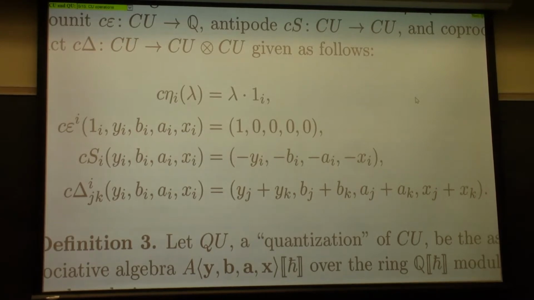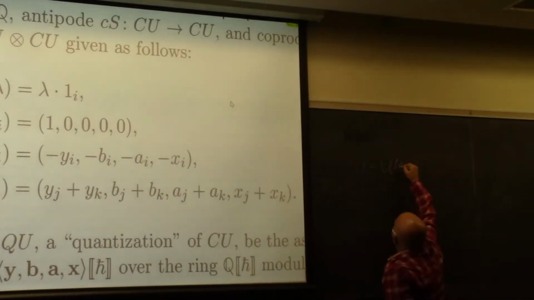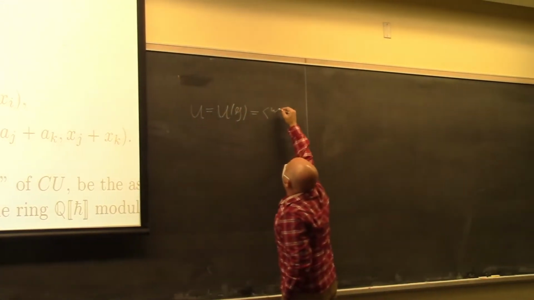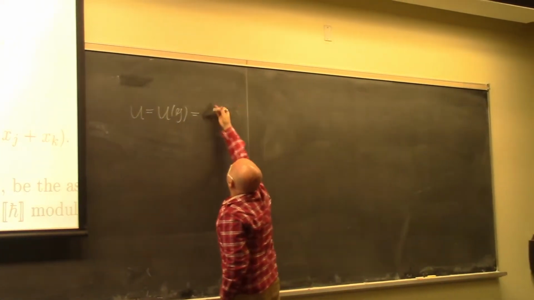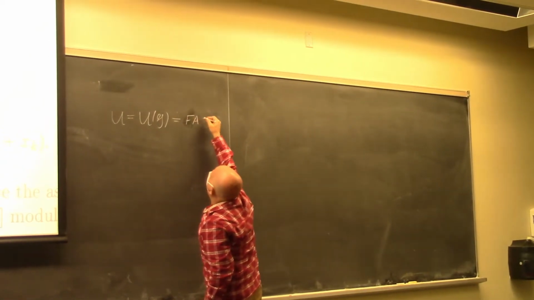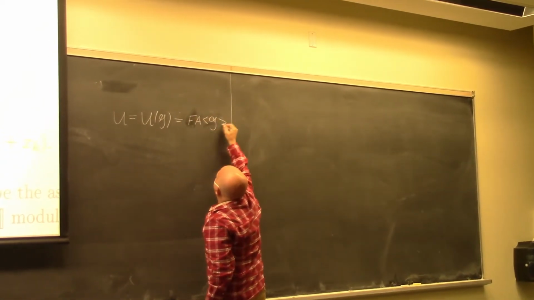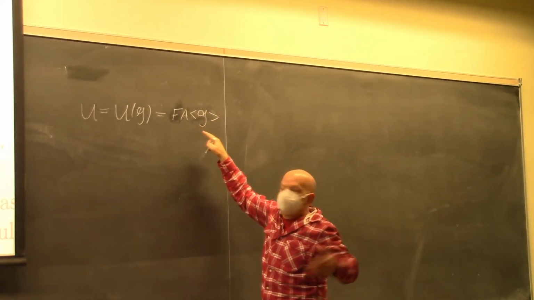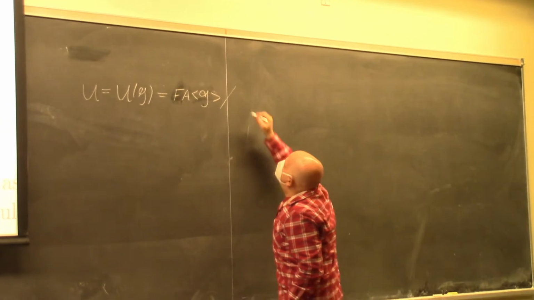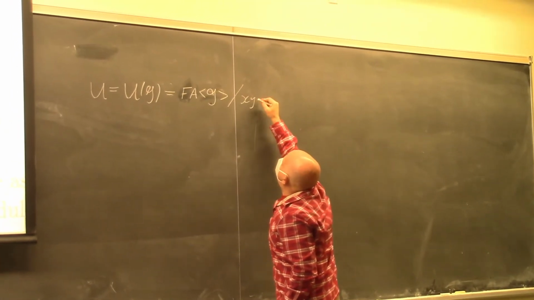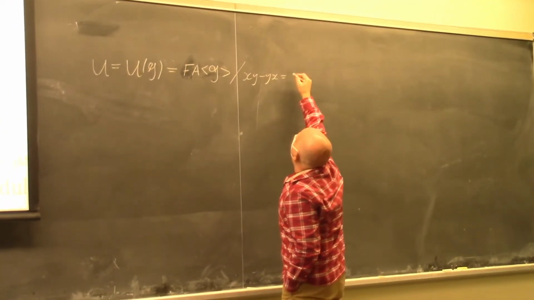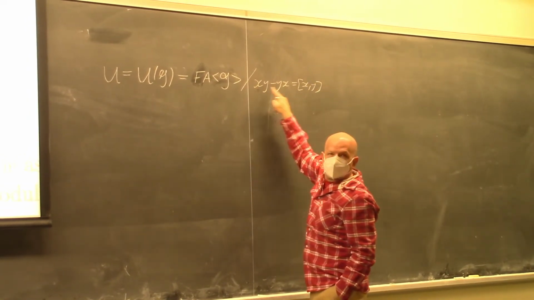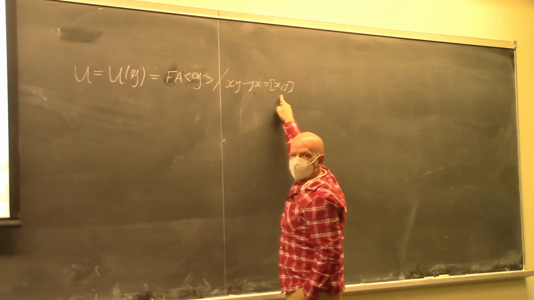So if you have U being the universal enveloping algebra of some Lie algebra, which means that it's the free associative algebra generated by that vector space, so basically arbitrary words, modulo the relation xy minus yx is equal to x bracket y, so a two-letter word minus a two-letter word is equal to a one-letter word.